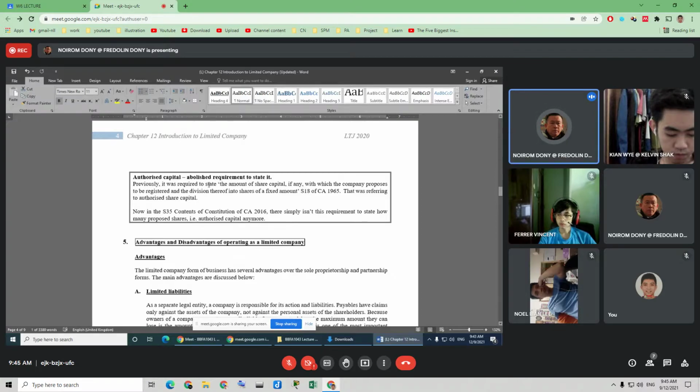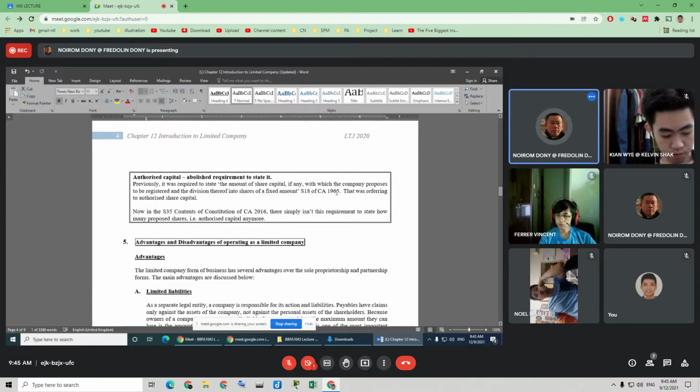Previously, it was required to state the amount of share capital, if any, with which the company proposes to be registered and the division thereof into shares of a fixed amount. That is Section 18 of the Companies Act 1965. So these were the requirements of the old Act.